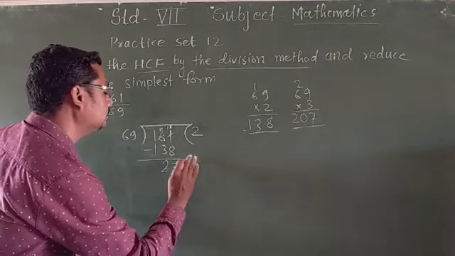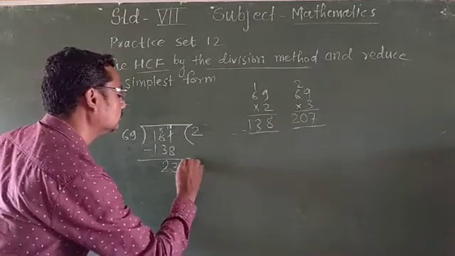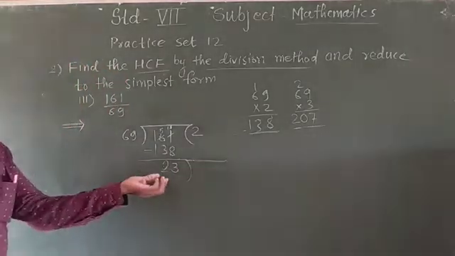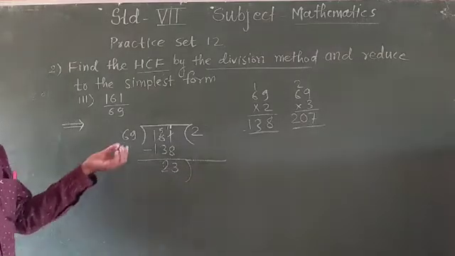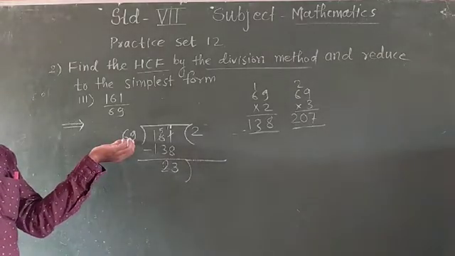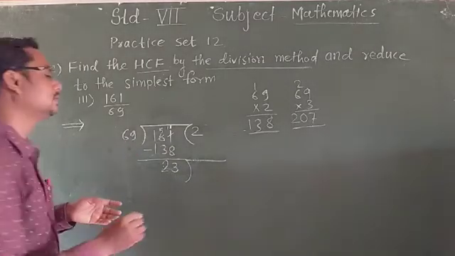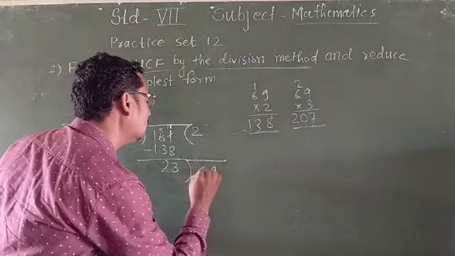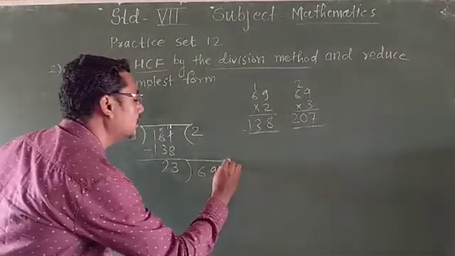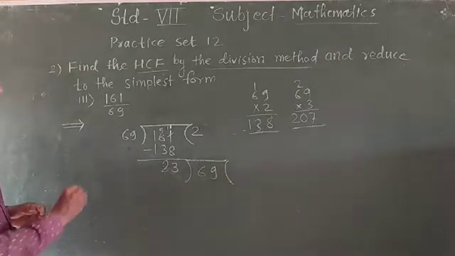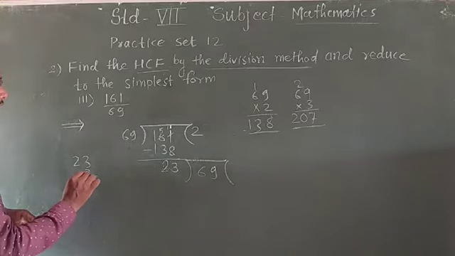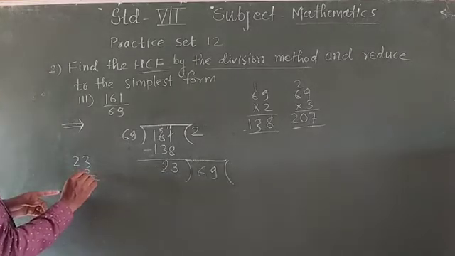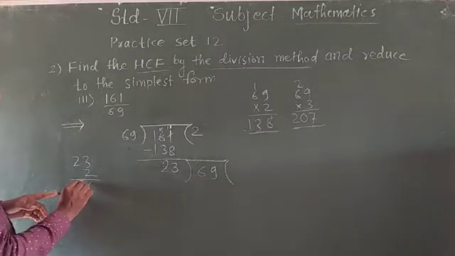After that, now this is a remainder. This remainder becomes a divisor. Okay. And the previous divisor becomes a dividend, 69. Okay. So what we get here? 23 2s are 46, 2 3s are 6, 2 2s are 4.